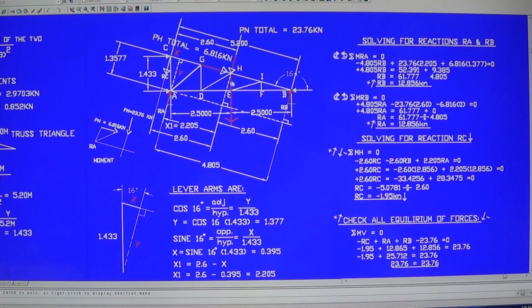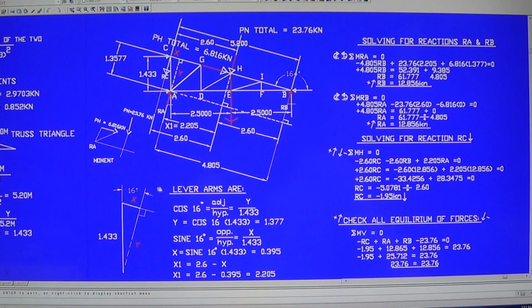This is an inclined load, so we need the lever arm. The lever arm for the applied PN right here: the distance from here up to the C is 2.6, but you have to draw a line parallel to the line of action to get the perpendicular distance of the line of action to be the lever arm.